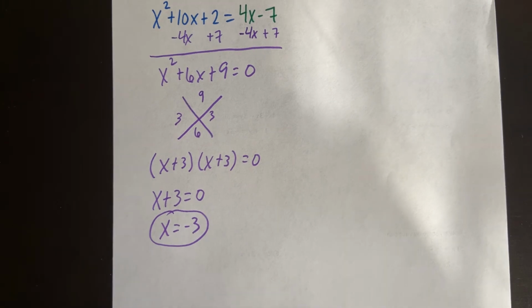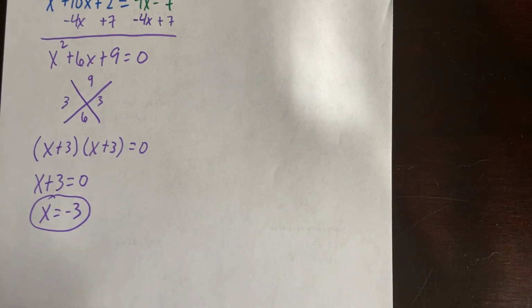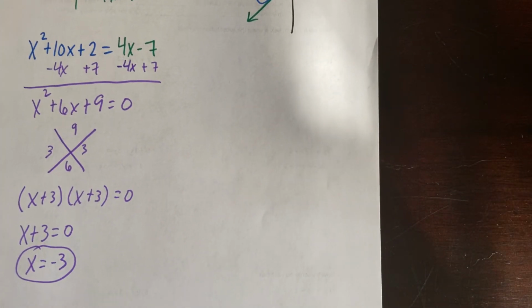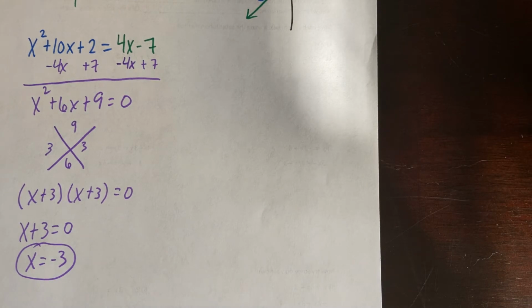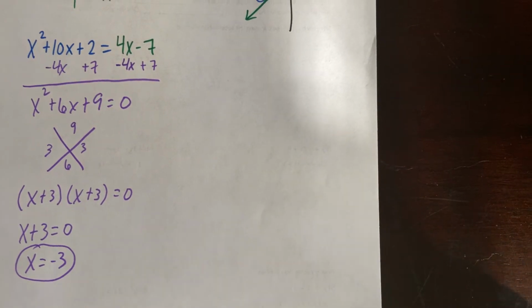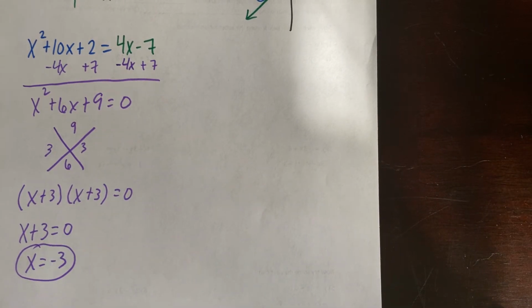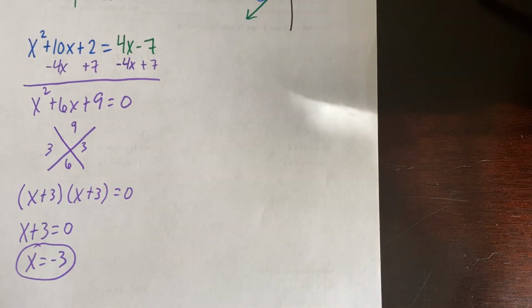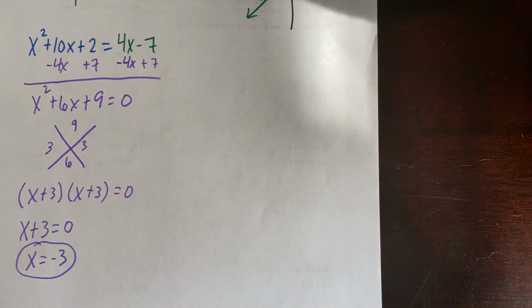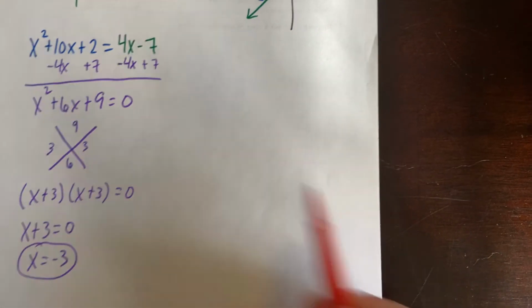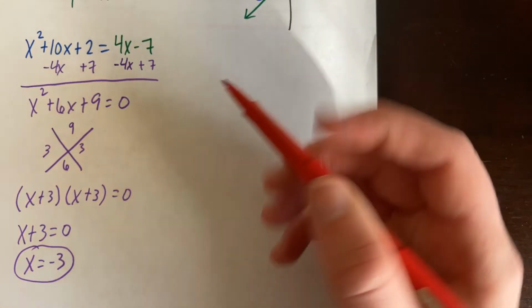Okay, so now that I've got a value of negative 3, again, we need to find that point of intersection. So we've got to substitute that back into either the line or the parabola. Best case, substitute it back into the line. There's less work involved there. So I've got my line, the green equation, 4x minus 7.